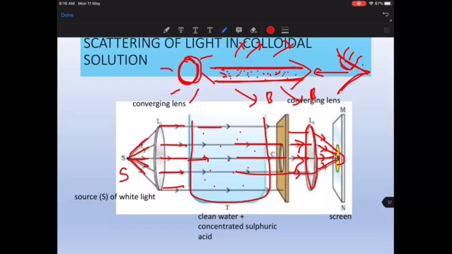If we see through the eyes, the ray which is entering inside our eyes, if we see this band of colors in which most of the blue has been scattered, and we combine all these colors like the red, the orange, the yellow, the green, and the lower colors, ultimately we will be able to see a whitish and yellowish sun.